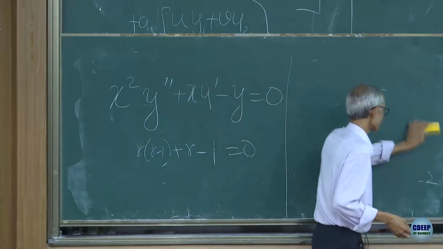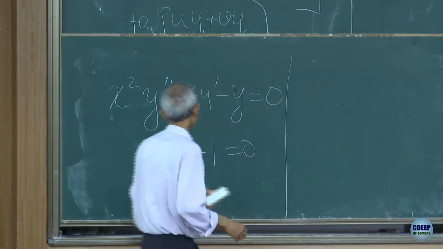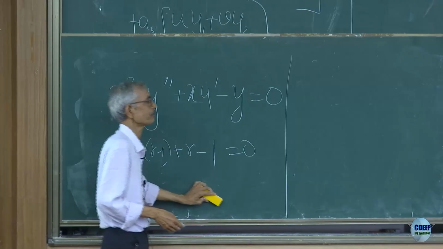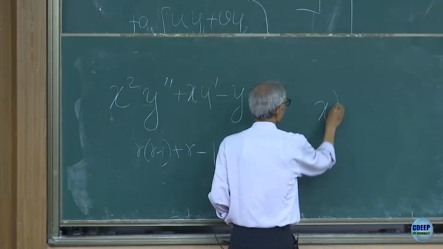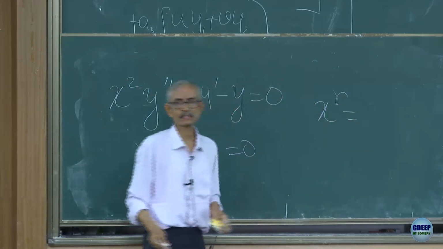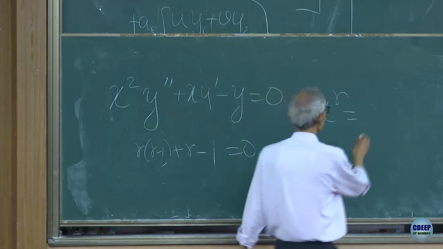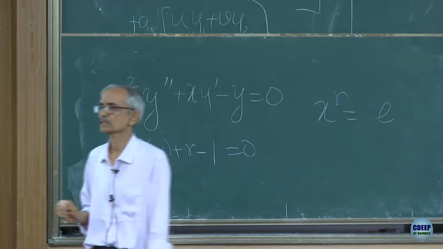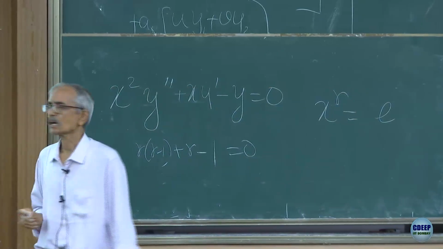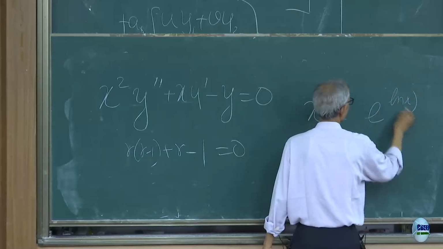So if the roots are imaginary, that's just some kind of an extension of what we had done in the past. So what we need to realize is that x to the power r is e to the power of r ln x.